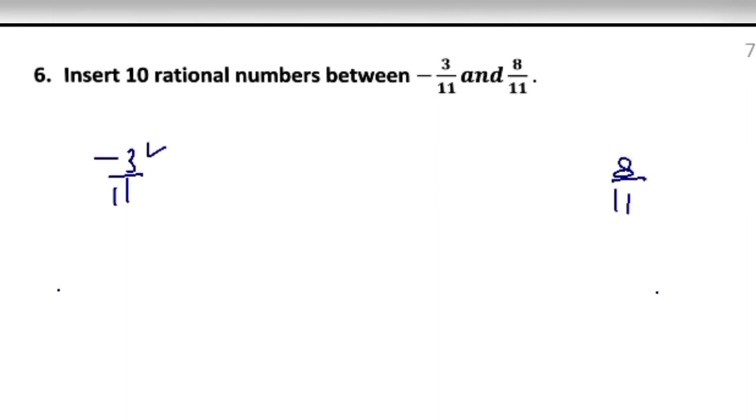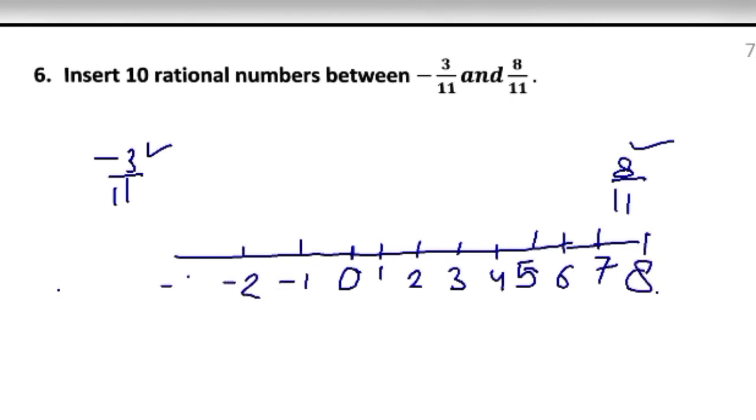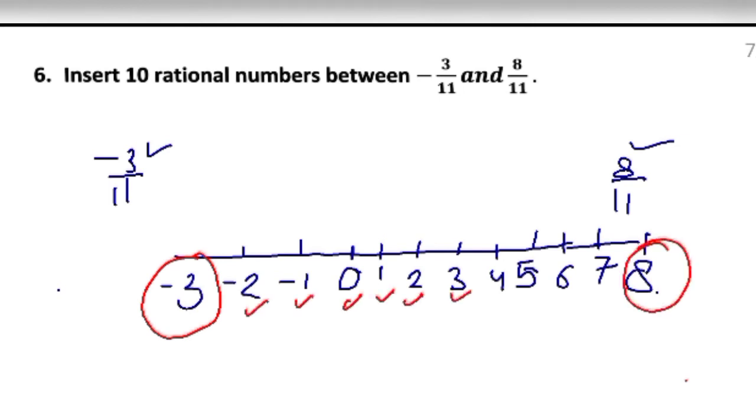Okay, if I check these numerators, how many integers can be formed between these two integers? Minus 2, minus 1, 0, 1, 2, 3, 4, 5, 6, 7. Okay, between these minus 3 and 8, these two integers, we have 1, 2, 3, 4, 5, 6, 7, 8, 9, 10. 10 rational numbers.